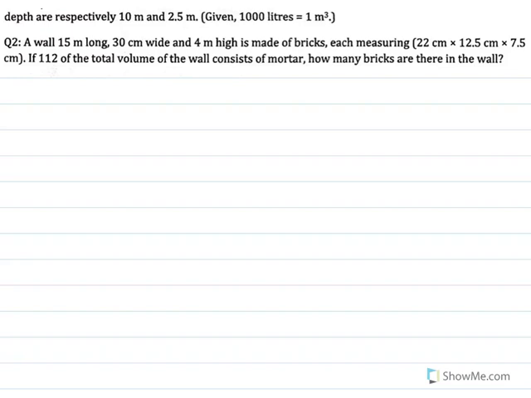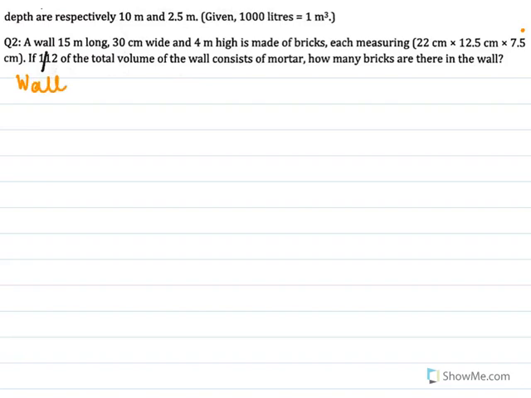A wall is 15 meter long, 30 centimeter wide and 4 meter high, is made of bricks each measuring 22 centimeter by 12.5 centimeter by 7.5 centimeter. If 1/12 of the total volume of the wall consists of mortar, how many bricks are there in the wall? So first we have a wall.